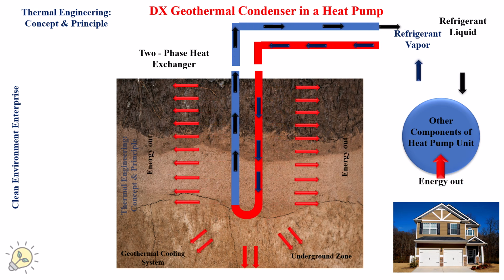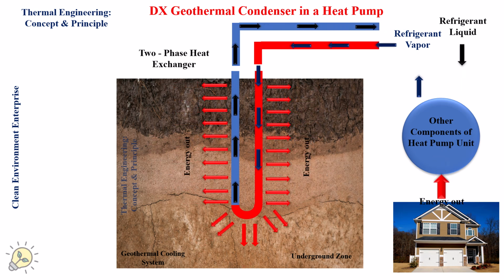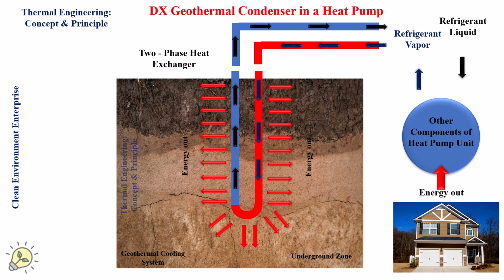Again, this is a DX geothermal condenser because we don't need an intermediate fluid to transfer energy to the ground, because the fluid that is circulated in the heat pump is the fluid which passes through the heat exchanger.